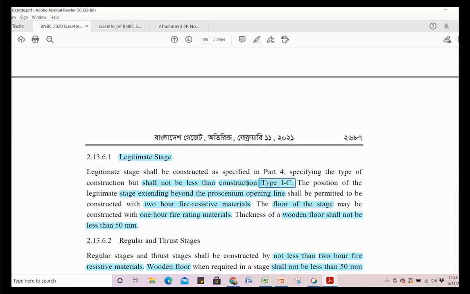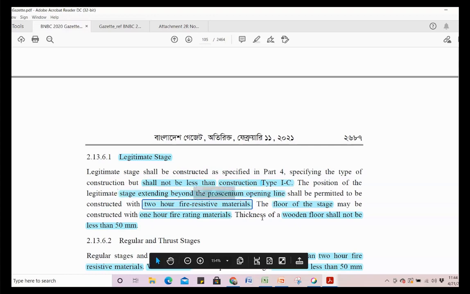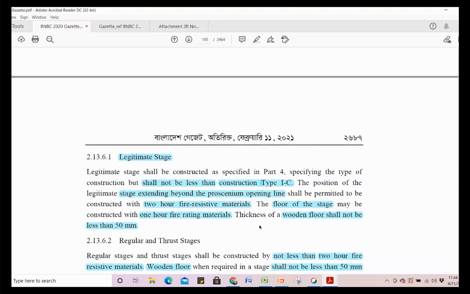So stage, the position of the legitimate stage extending beyond the proscenium opening line shall be permitted to be constructed with 2-hour fire resistive material. So if it crosses the line of proscenium, then it will also become a type 1C type of construction.